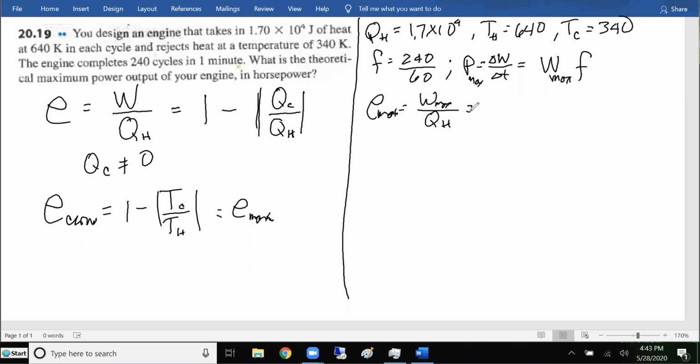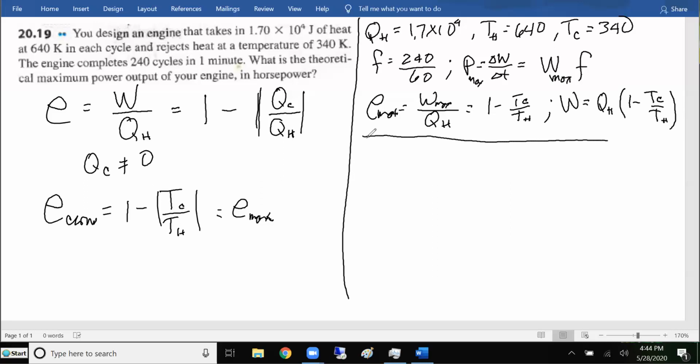In general, for the Carnot engine, the most efficient one, it is 1 minus TC over TH. So for that work we get, and I'll just call it W now, QH times 1 minus TC over TH. Do this algebra and solve for the maximum power.